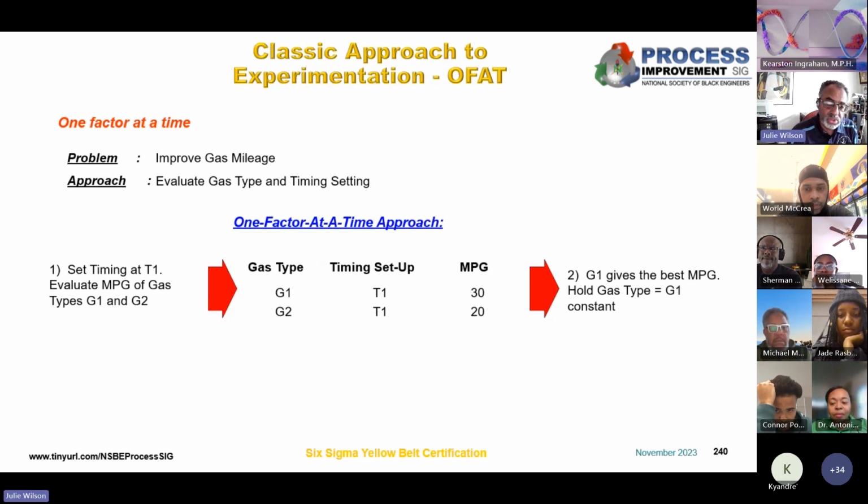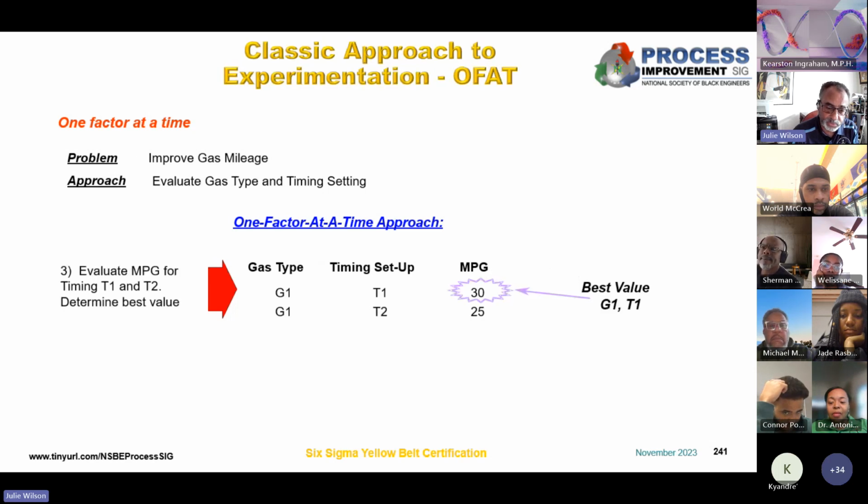Then you rerun the experiment with gas type 2 and timing setting 1, and you get 20 miles per gallon. So what conclusion do you draw from that? Well, you say gas type 1 is the best, so you're going to use gas type 1 for further experimentation.